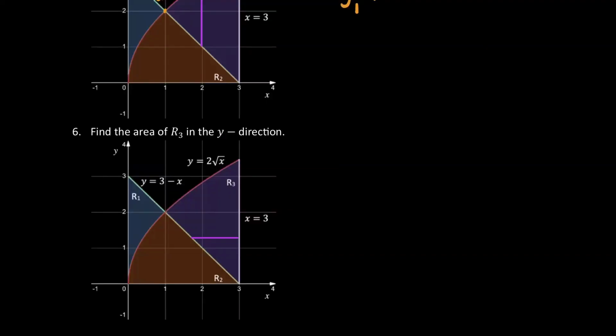But for the upper portion, we'll go from 2 square root of x all the way to the vertical line x is 3. So we have to do it in two integrals. Gotta break up this region into two pieces.